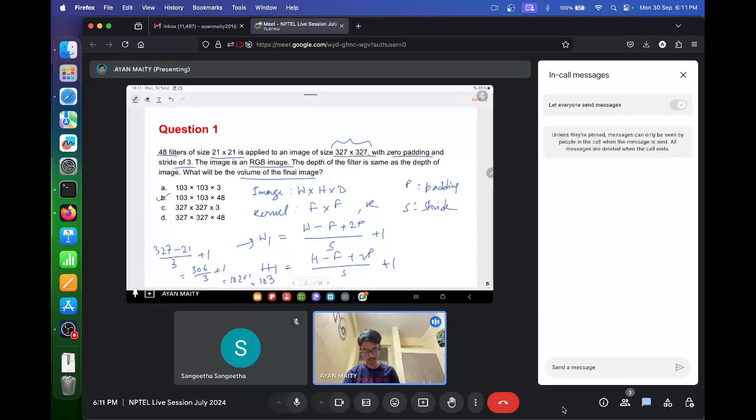So width is 103 and height would also be 103, because width and height are the same in this case, 327. So the final image would be of shape 103 by 103 by 48. This k here is 48, since 48 filters are applied. So depth would always be the number of filters that have been applied. So this is the final output image, 103 by 103 by 48.